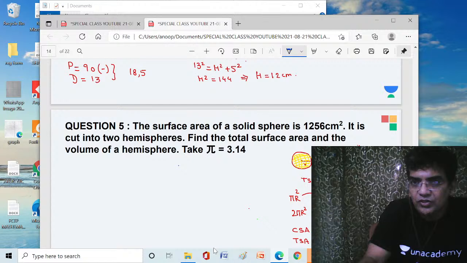Let's see what is the formula for the surface area of a sphere. It is 4 pi r square. This is the formula. Now the surface area of the sphere is already given, 1256.